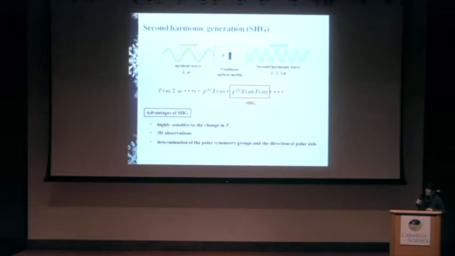Firstly, SHG is very sensitive to changes of the spontaneous polarization. Also, using our scanning system, we can obtain three-dimensional images of the domain structure without any destruction. Thirdly, because SHG is related to the third-rank tensor components, we can determine the symmetry of the domain boundary. It is very important to determine the symmetry because piezoelectricity is not enough to confirm the polar nature.